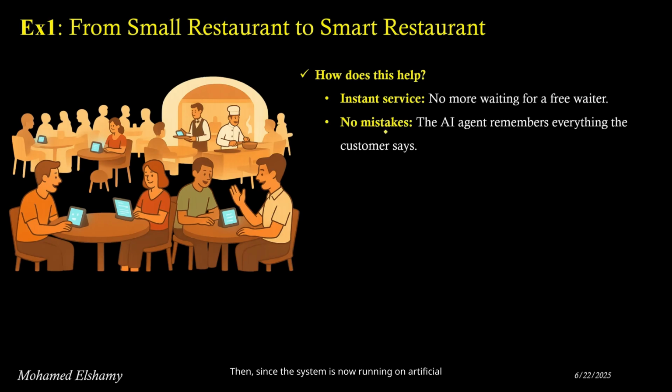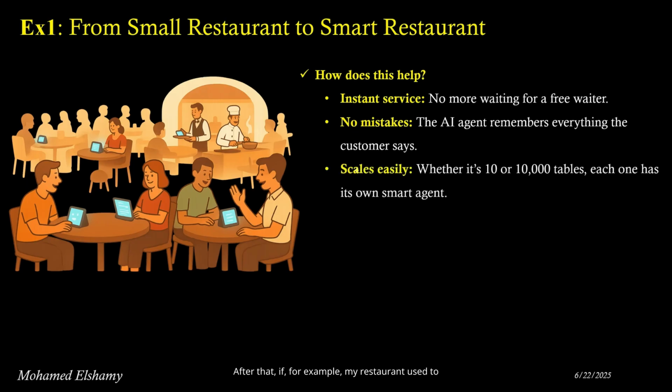Then, since the system is now running on artificial intelligence, like a machine that actually understands, the number of mistakes has dropped significantly. You could say there are almost no mistakes, or maybe just a 1% error rate. After that, if, for example, my restaurant used to handle 1,000 customers and I want to expand it to handle 10,000 customers, it becomes really easy.